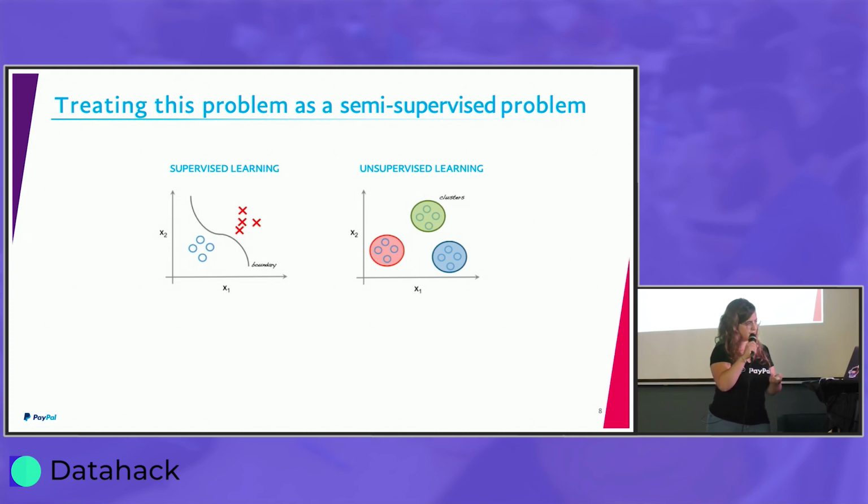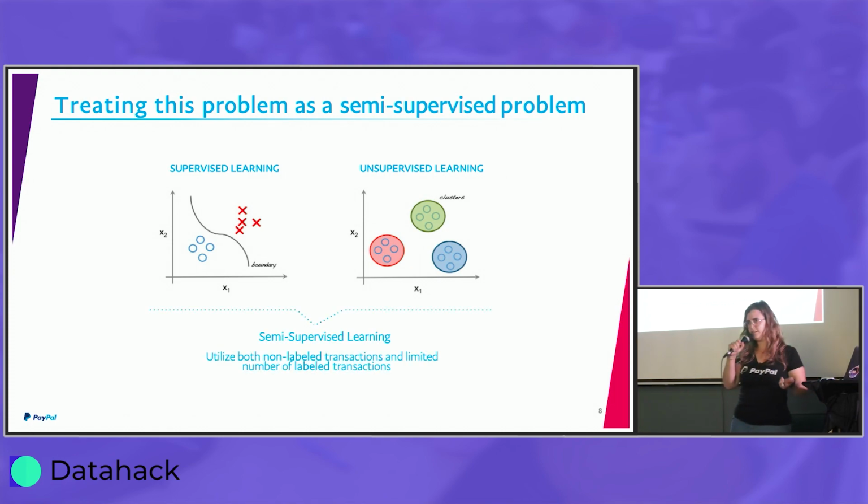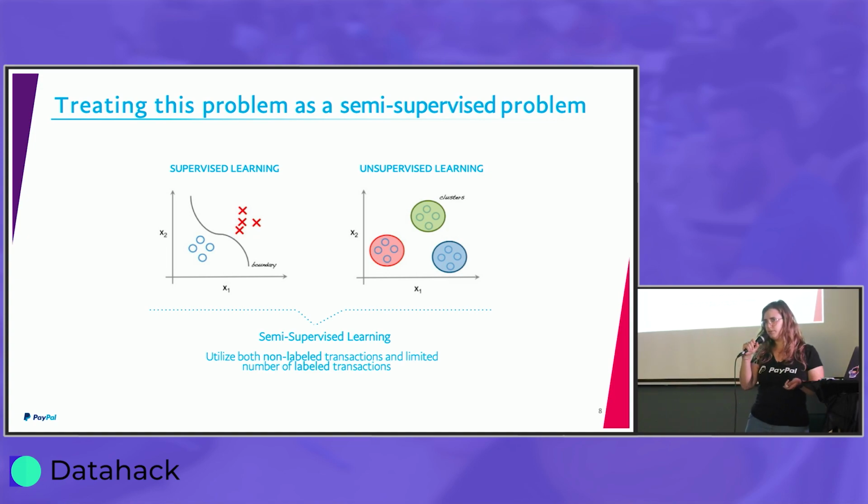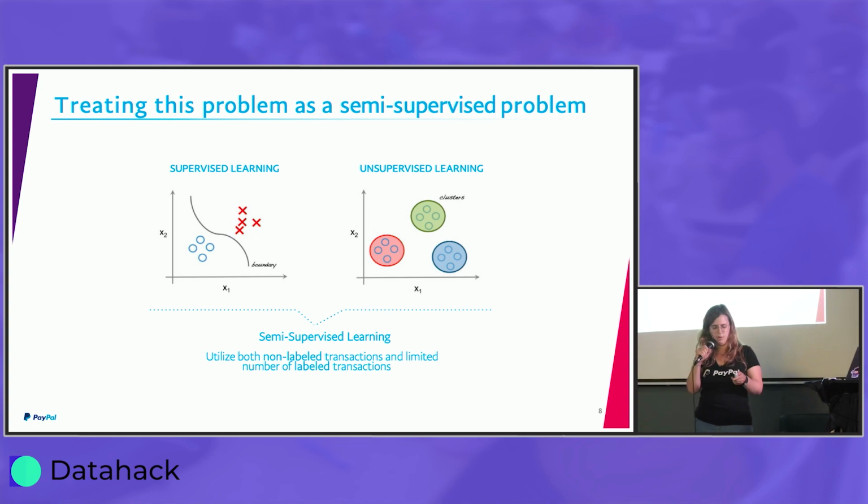In this case, we're in semi-supervised learning because we do have some labels from those bad transactions that got past our model, but we also have a lot of cases that are unlabeled. One approach to deal with this problem would be to reduce it back to a supervised learning problem.